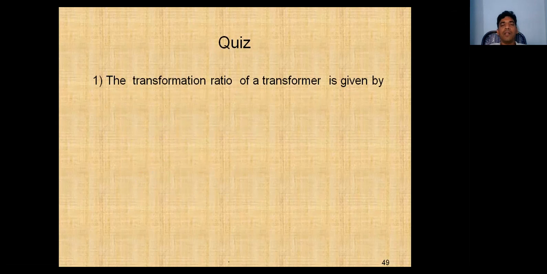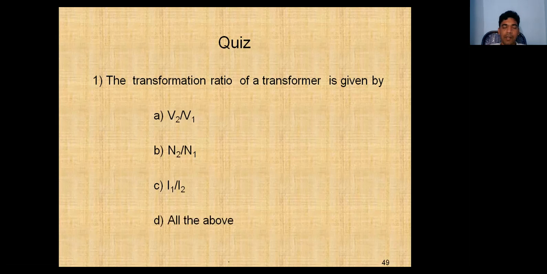The transformation ratio of a transformer is given by: option A, V2 by V1; option B, N2 by N1; option C, I1 by I2; option D, all of them.